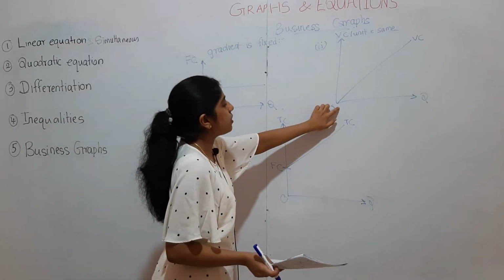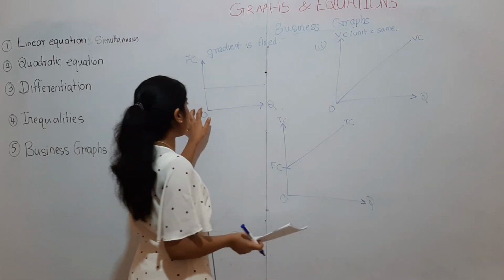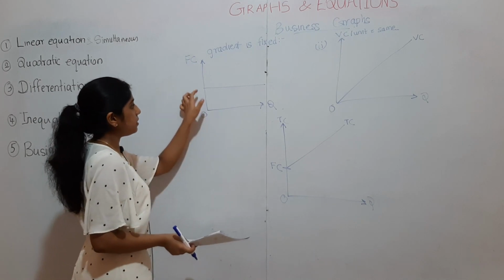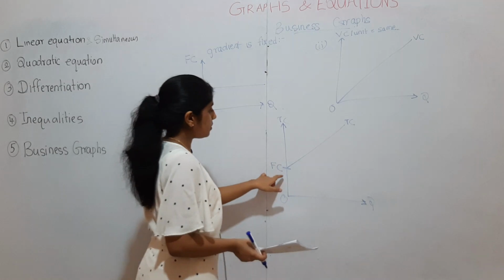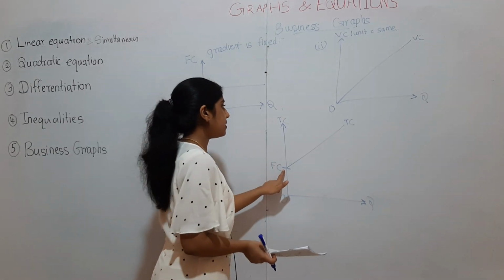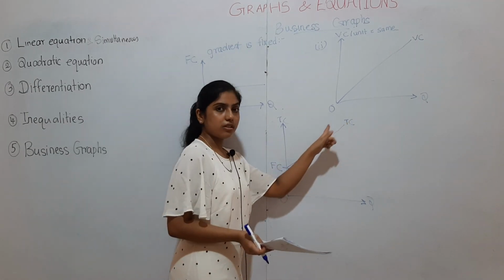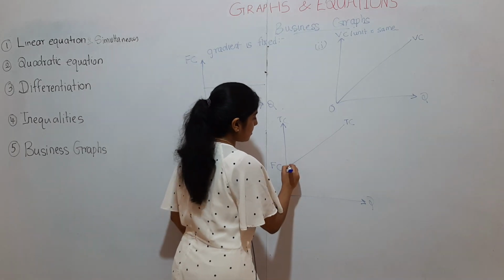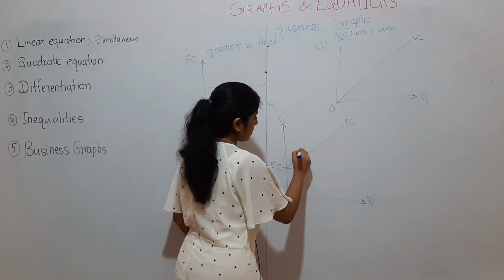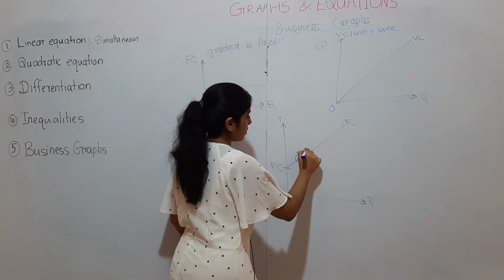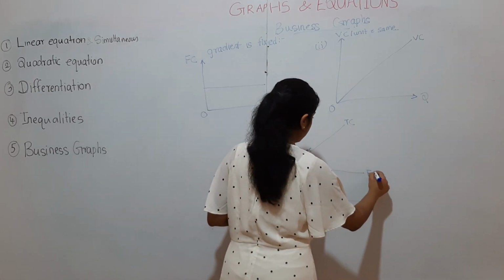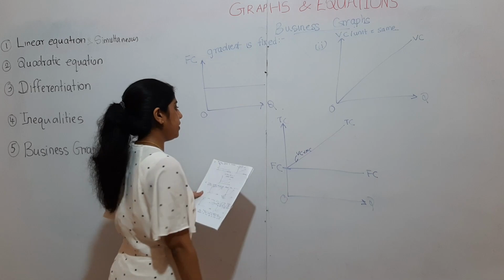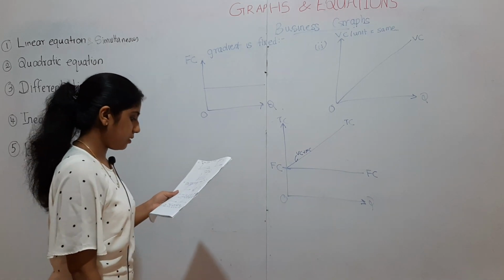Even though variable cost is 0, at 0 output there is a fixed cost. That fixed cost must be shown here, and you must take the total cost as variable cost plus fixed cost. This will be your fixed cost and this will be your total cost.